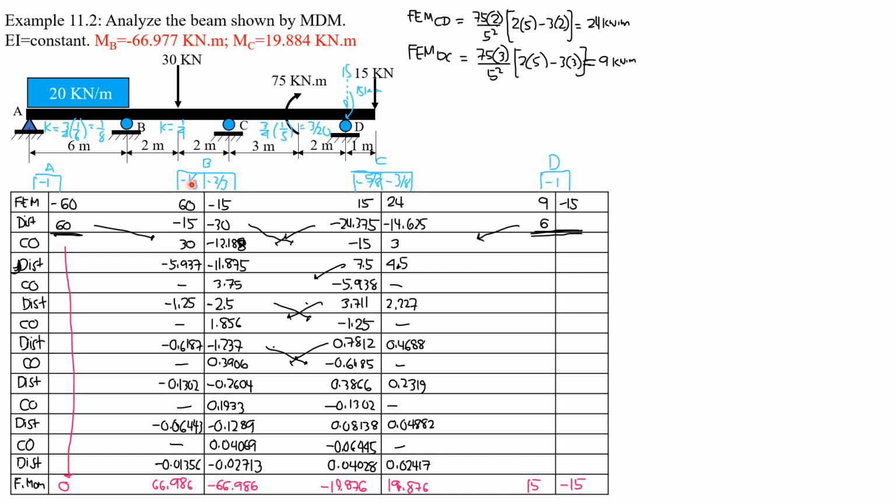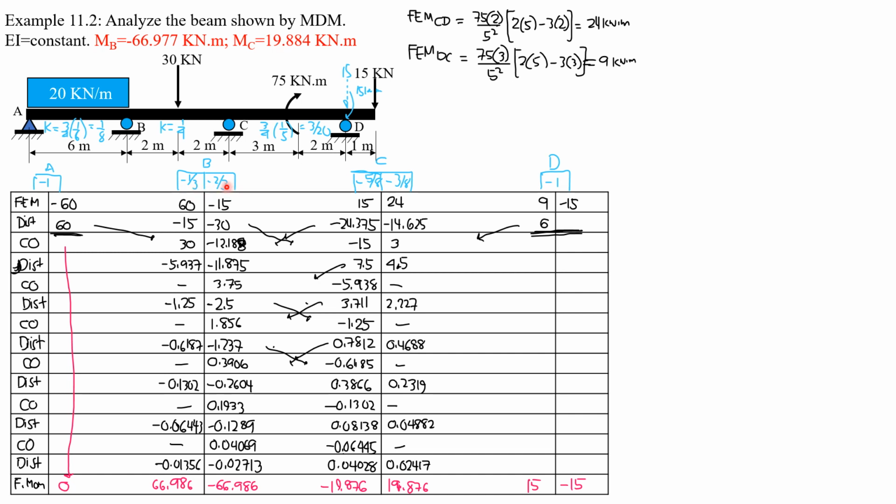Then the distribution factor for BA is 1 over 8 divided by 1 over 8 plus 1/4. Remember the definition of distribution factor: stiffness of the member divided by the sum of stiffnesses attached to that joint. And change it to negative, just like this. So -1/3, therefore for BC, it's -2/3.